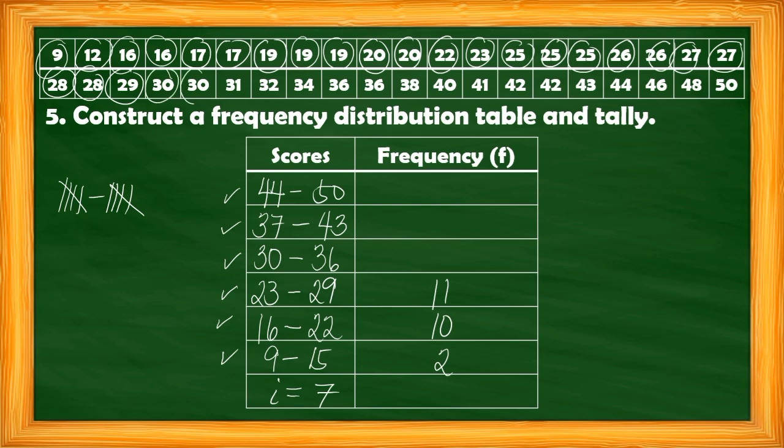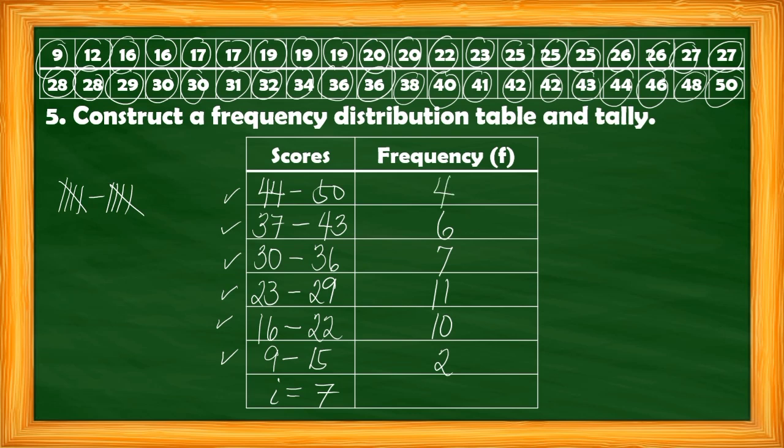So, 1, 2, 3, 4, 5, 6, 7. For 37 to 43, we have 1, 2, 3, 4, 5, 6. And then, yung mga natira, yung mga hindi nabilugan, 44, 46, 48, 50, under po yan lahat ng 41 to 50 na class.